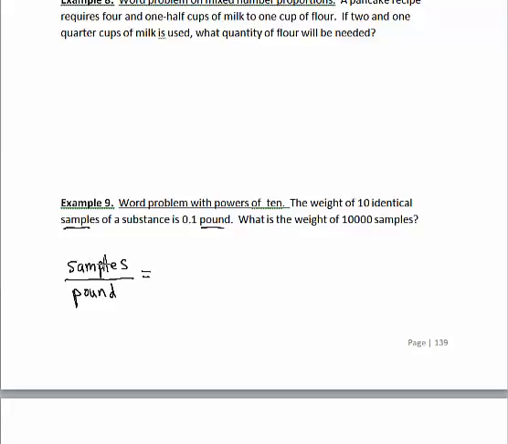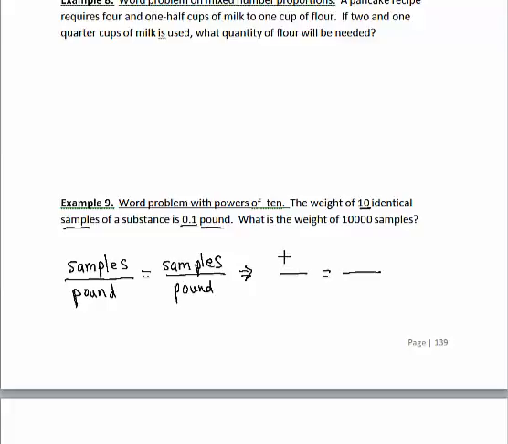And so if our ratio is designed with samples on the top and pounds on the bottom, then we have to maintain that on the right side of our proportion. And our ratio starting out was 10 to 0.1.